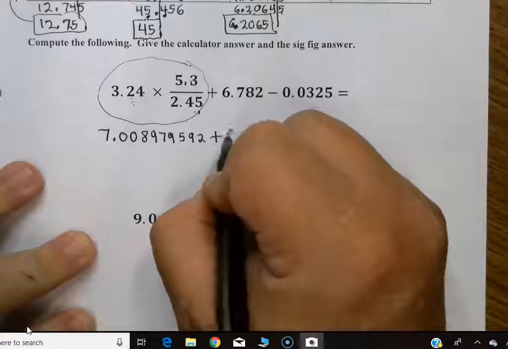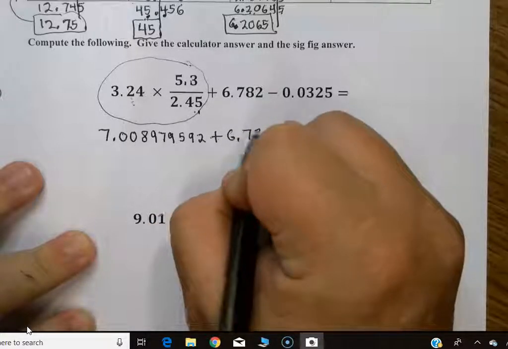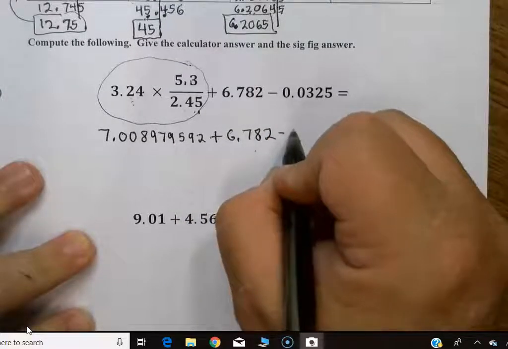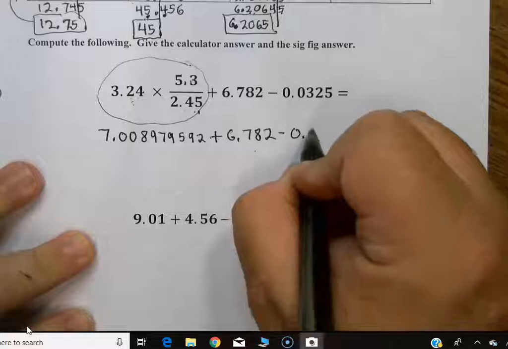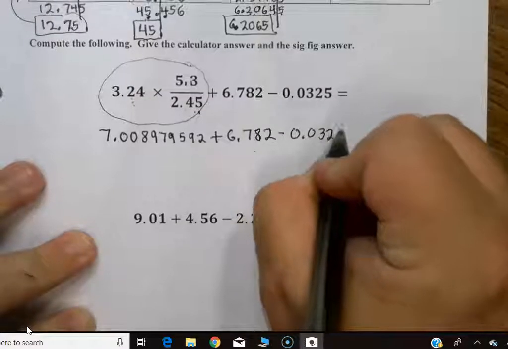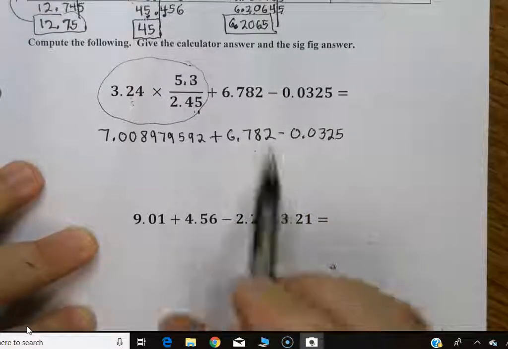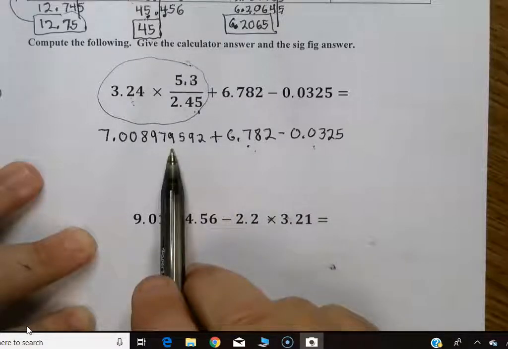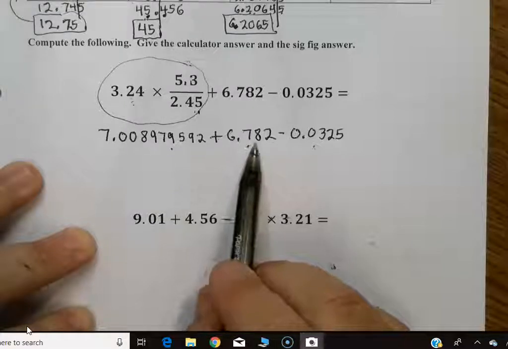We're now going to go ahead and write this out, do our addition and subtraction. You do these together. So you could do this subtraction first and then take that number and add it to this, or you can add these two numbers first and then subtract this.